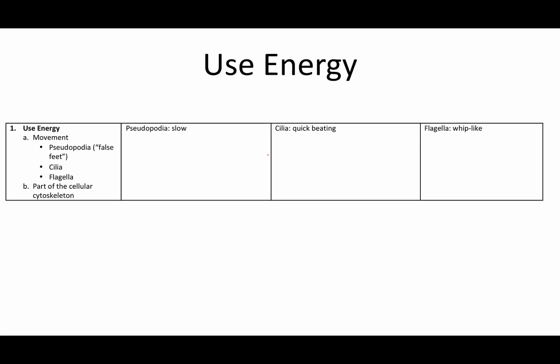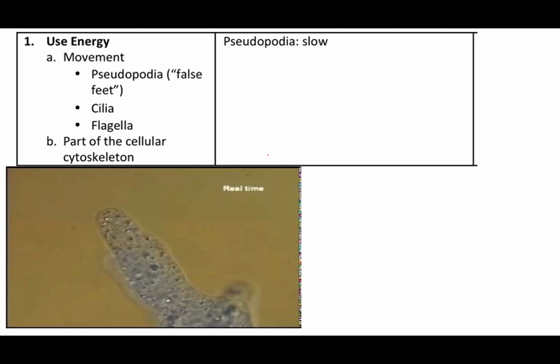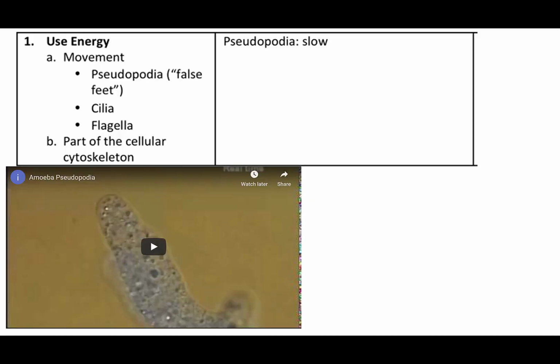So we're going to deal with using energy. And we'll look at how they actually move as an example of how they use energy. So the amoeba uses pseudopodia.